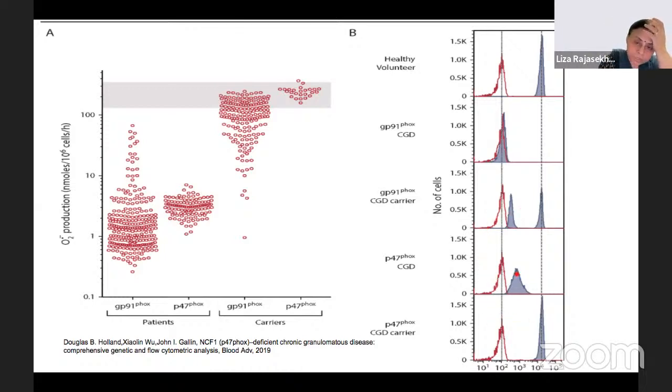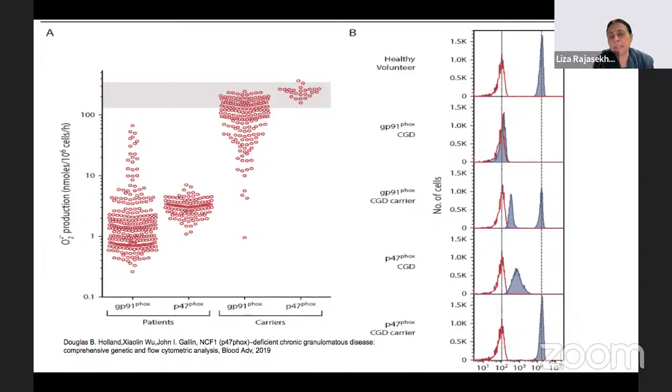Here, you can also see that the P47 phox CGD patients have a less high peak and a broad base. This suggests that the activity of the enzyme is not as badly affected as in GP91 phox.